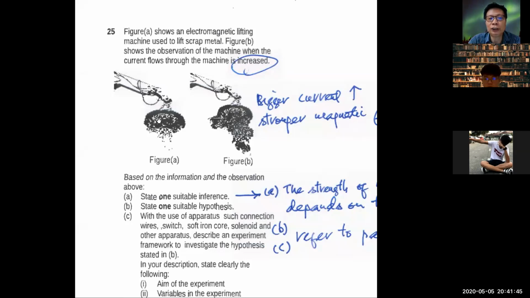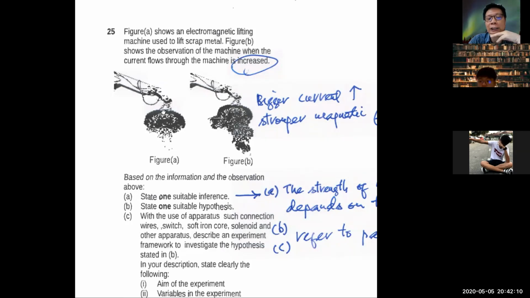A lifting machine is a machine used to carry metal. When you switch on the electric current, this piece of thing will become a magnet, so it will be used to attract the metal and carry the metal. This piece of thing is called the lifting machine.